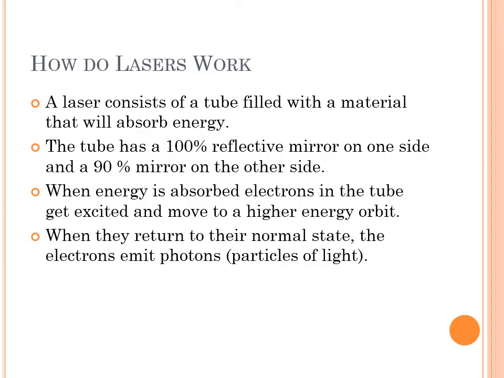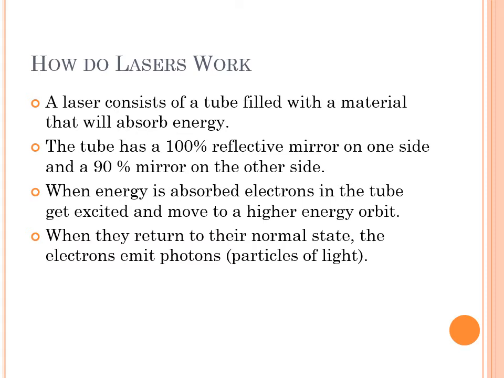So what happens with this laser is that the flash tube flashes and it excites the atoms that are in there, and the atoms move to a higher energy orbit. When they return to their normal state, so when they start to lose energy, they drop down to their normal state, they actually emit photons, which are particles of light.